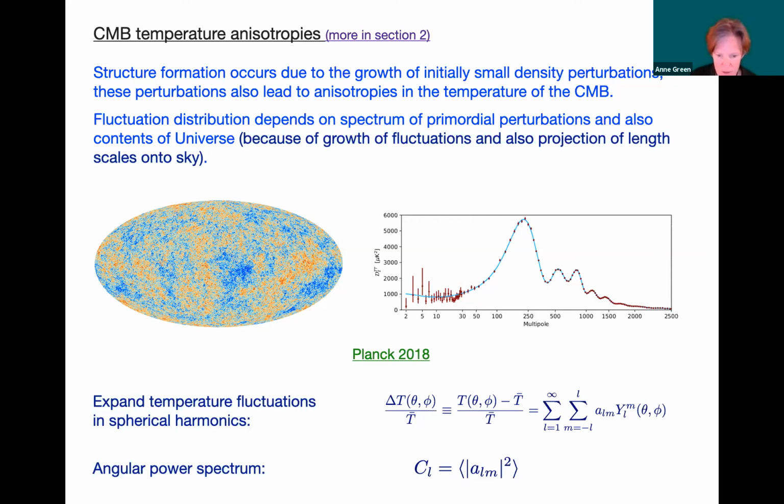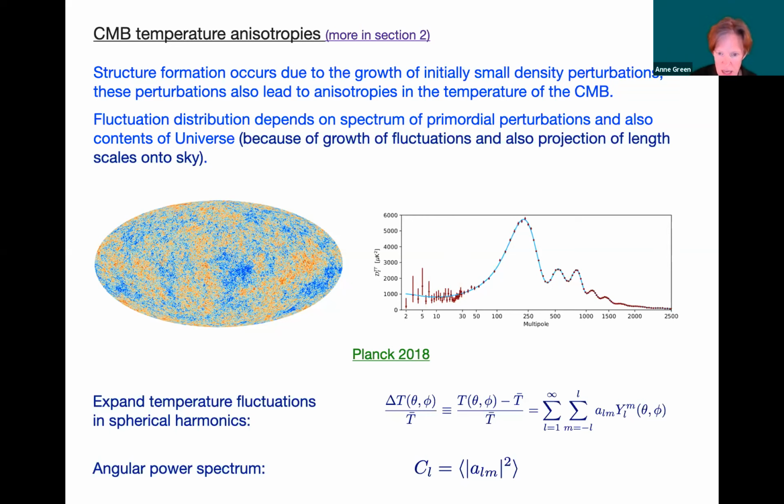And then the angular power spectrum C_l is taking the coefficients of the expansion in spherical harmonics and squaring them and averaging them. Large l corresponds to small angular distances, averaging over every combination, and small l is large angular differences.